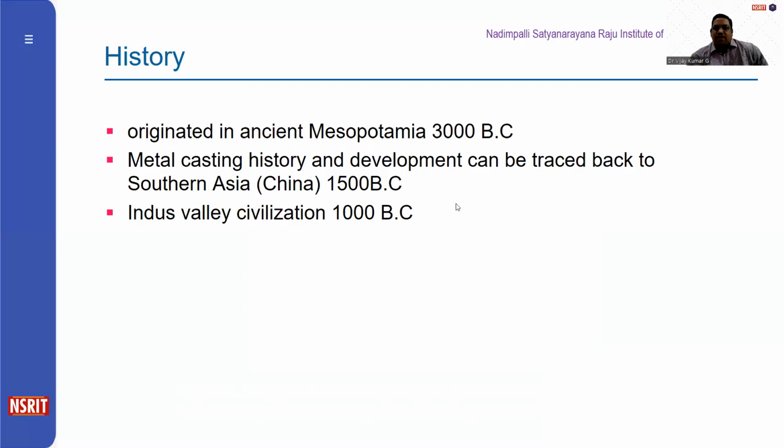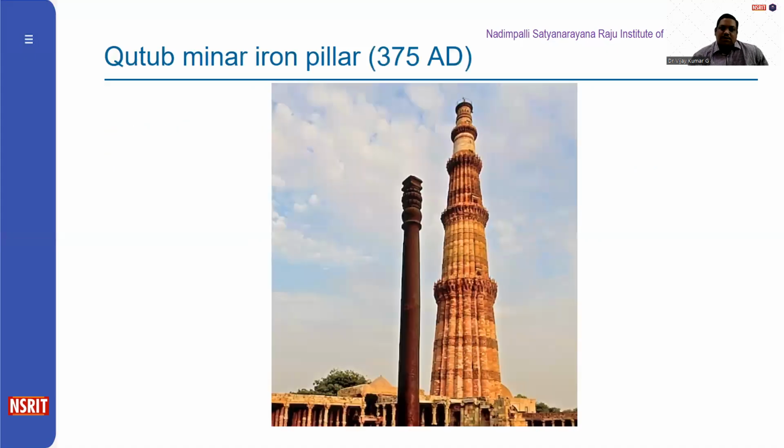And there are records of the casting process being utilized in China in 1500 BC, and in the Indus Valley civilization around 1000 BC. This particular casting process was used.